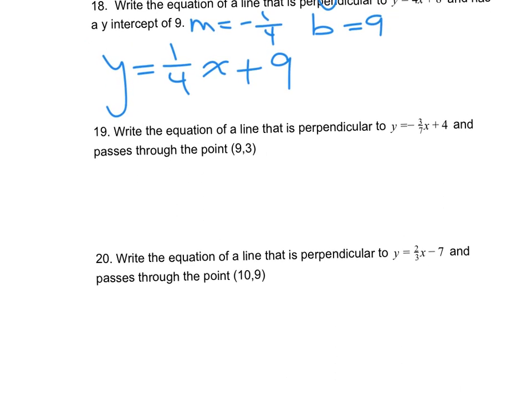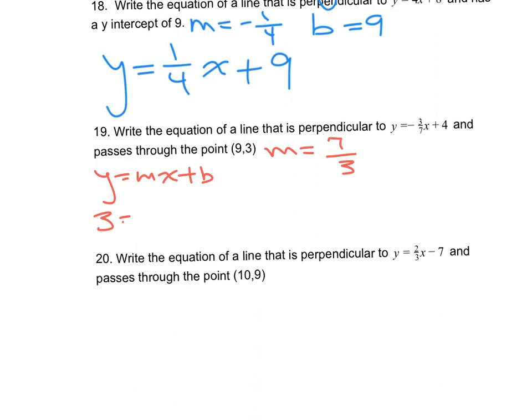All right, on number 19, once again, we're writing a line that is perpendicular to y equals negative 3 over 7x plus 4. Okay, so firstly, what is our slope going to be? Yeah, it's right, positive 7 over 3. Then we're going to follow the same steps we did before. So y is 3. Y equals mx plus b.